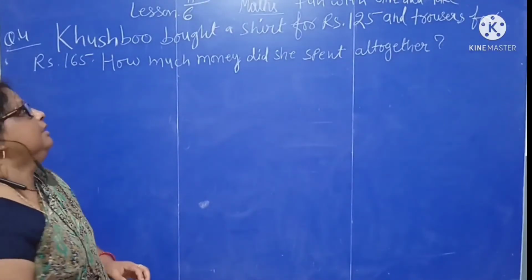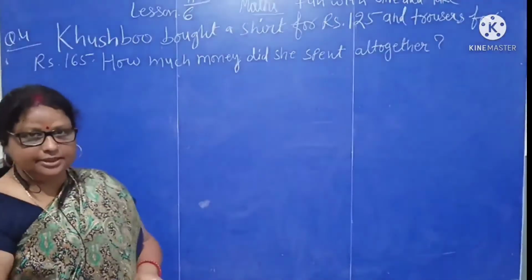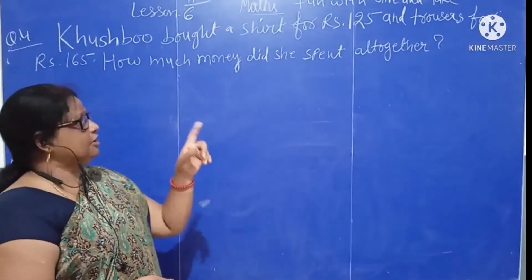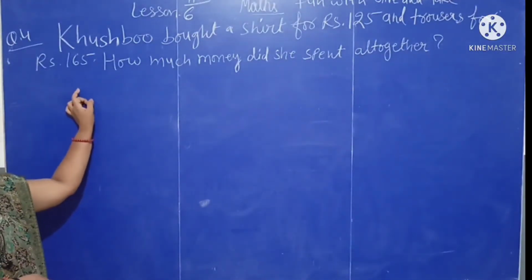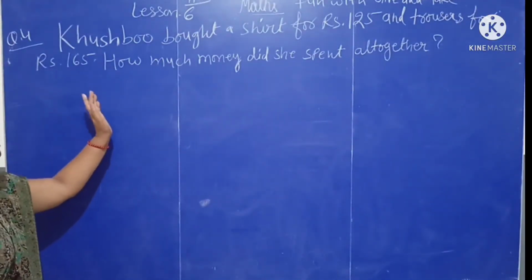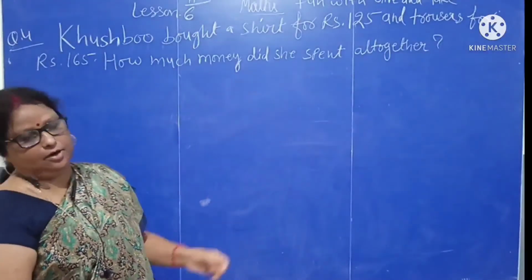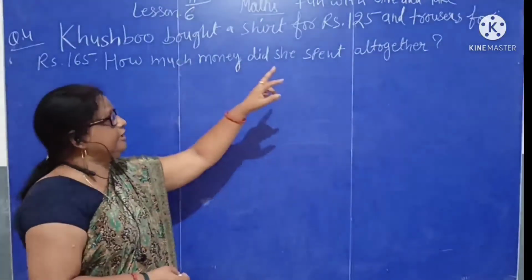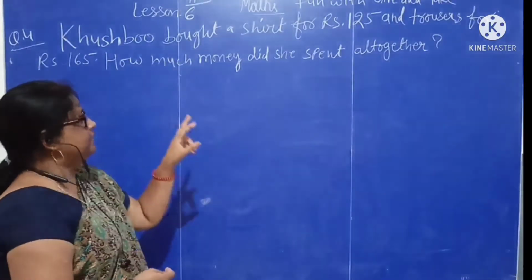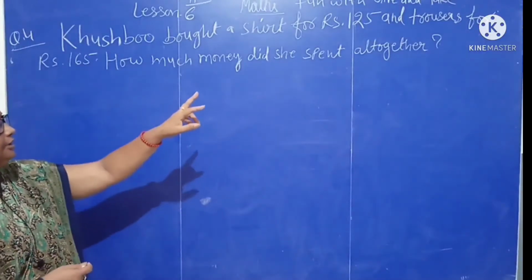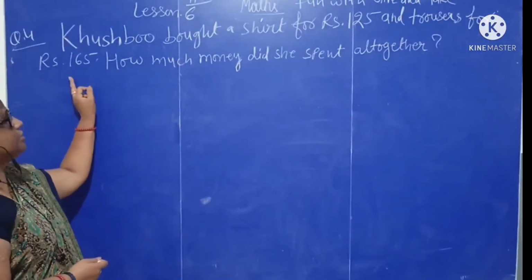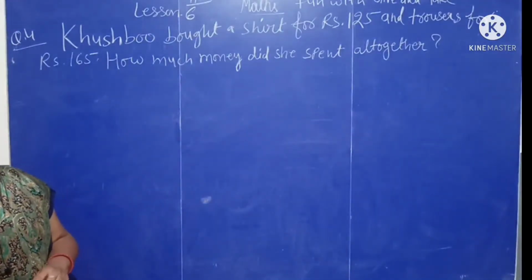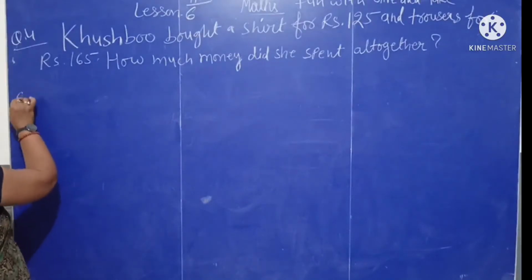She bought a shirt for rupees 125 and a trouser, and the cost of the trouser is rupees 165. We have to find the total cost of shirt and trousers. When we add the cost of shirt and cost of trousers, we will find how much money she spent altogether. Let's solve.